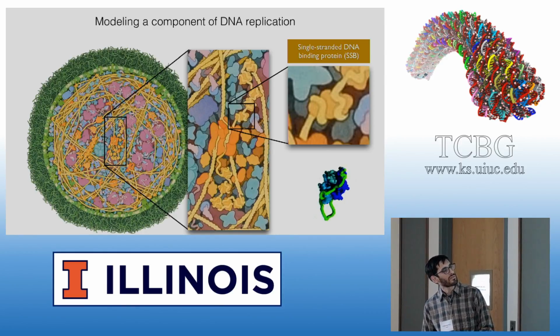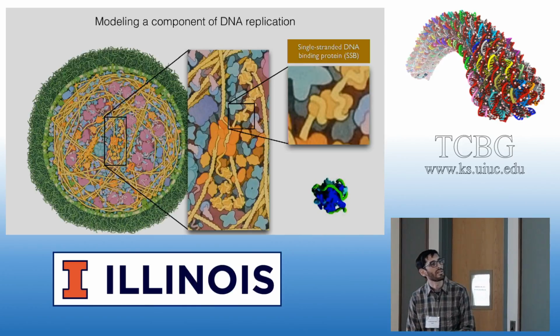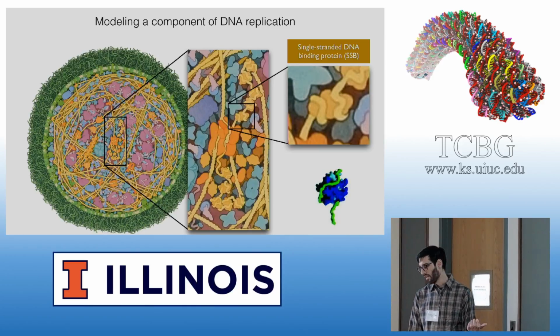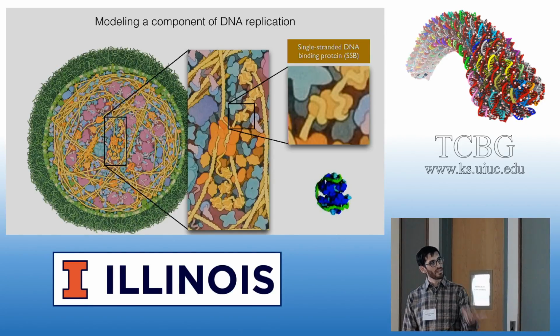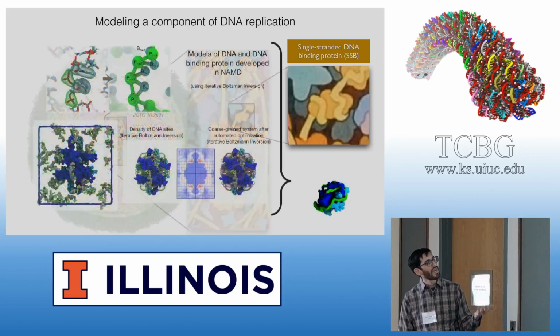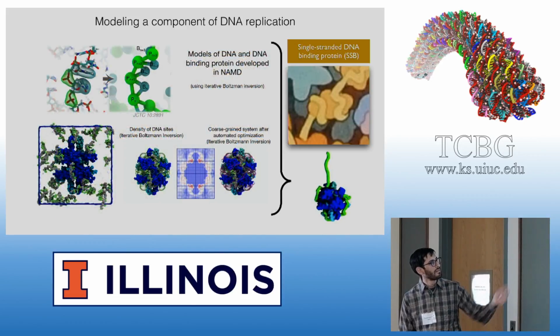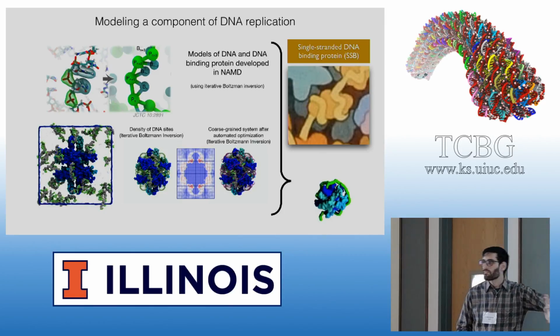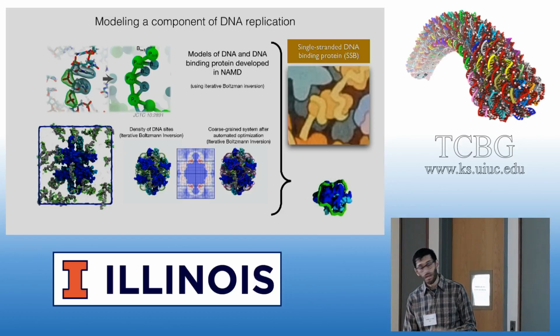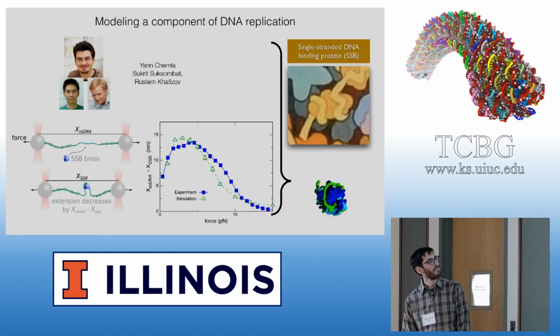So we ran some coarse-grained simulations with a DNA model interacting with a rigid body model of the protein. And a lot went into parameterizing this, so you can't just pick up any protein and apply this kind of modeling. We had to do a fair amount of optimization of a coarse-grained map of the protein that was based on an all-atom simulation. So it's trying to reproduce data from all-atom simulation. But it worked really pretty well. We got acceptable agreement with our experimental collaborators, so we were kind of happy with this.